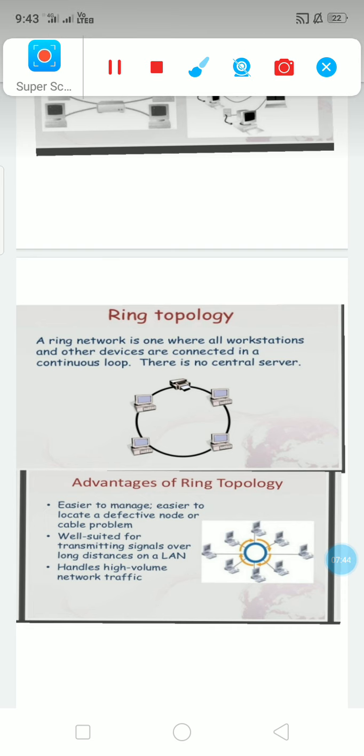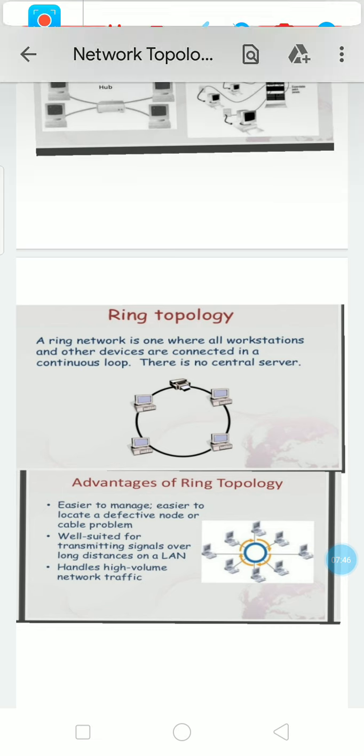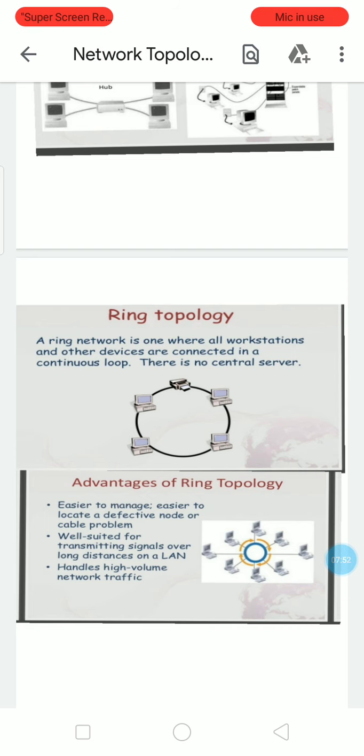Ring topology is like a bus topology, but with connected ends. The node that receives the message from the previous computer will transmit to the next node. The data flows in one direction, that is, it is unidirectional.